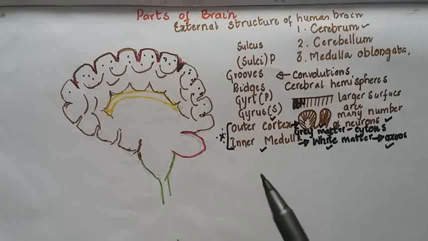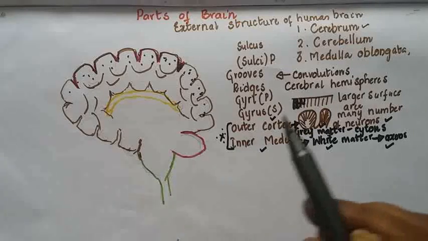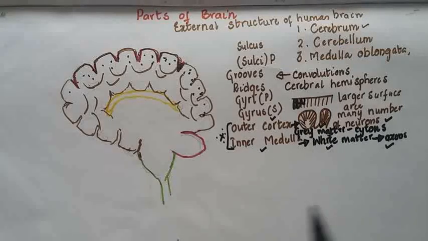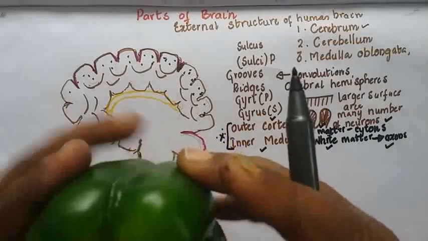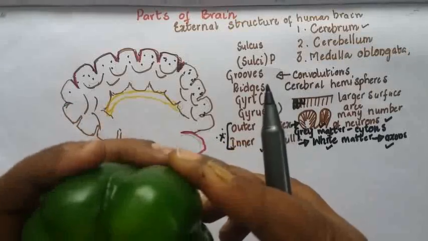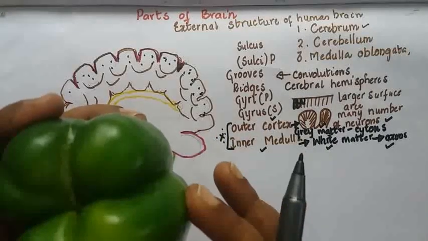Yes, children. So you can say that the cerebrum has cerebral hemispheres along with these 2 regions, the outer cortex and the inner medulla. I said that there are 2 cerebral hemispheres, but they are in fact interconnected.